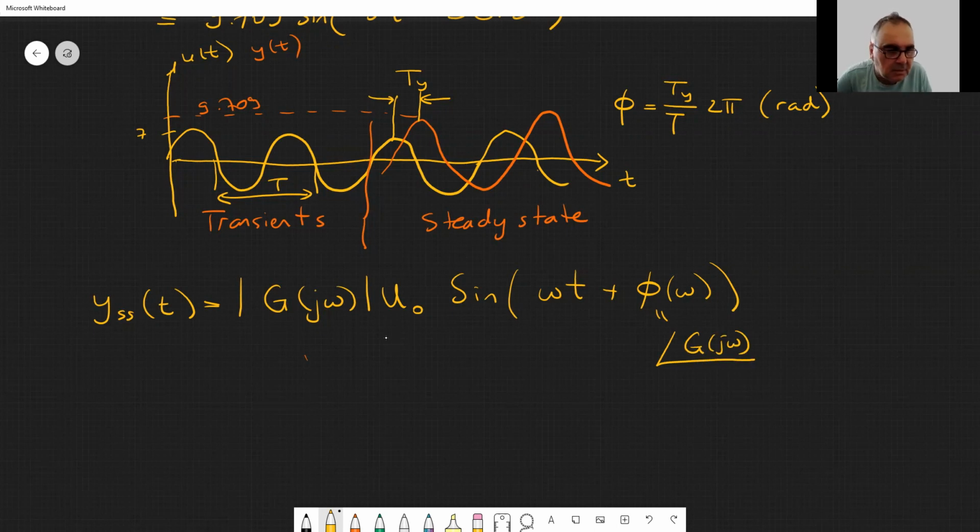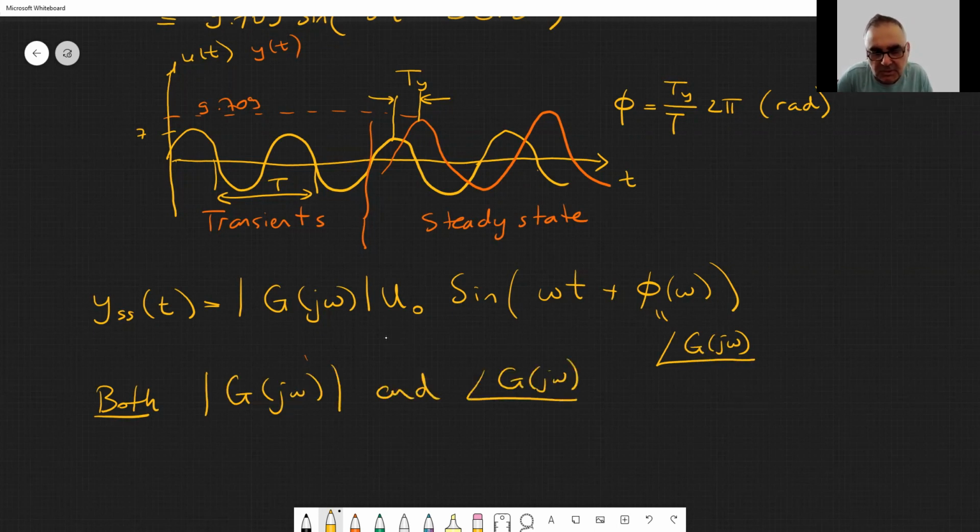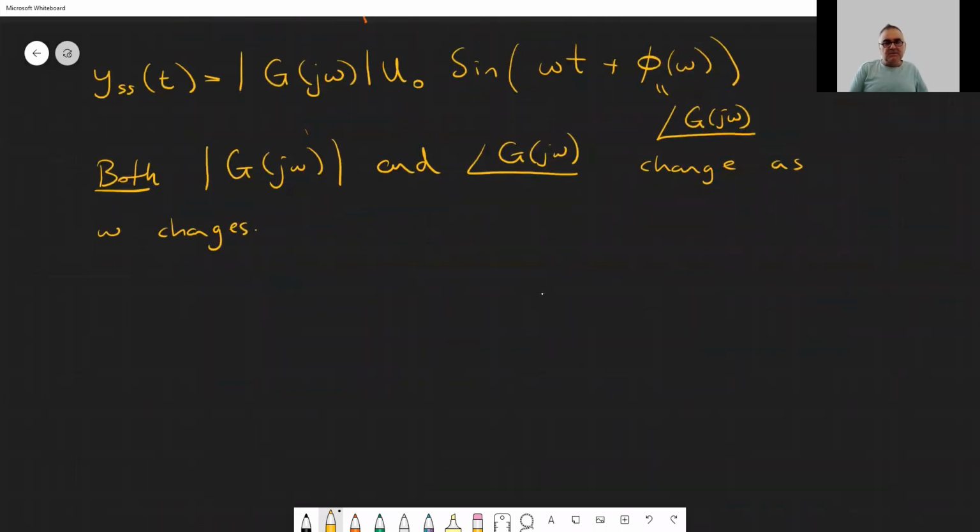Note that both the magnitude of the frequency response and the phase angle of G of j omega change as omega, the frequency, changes, okay? So omega is the frequency of excitation. As this omega changes, both the amplitude and the phase change.